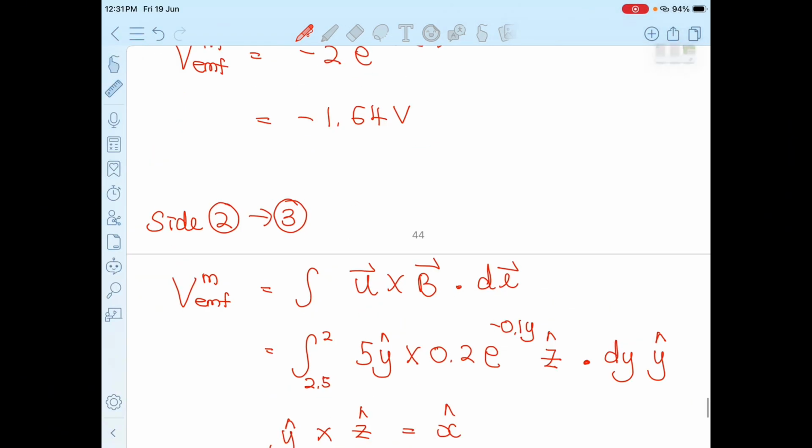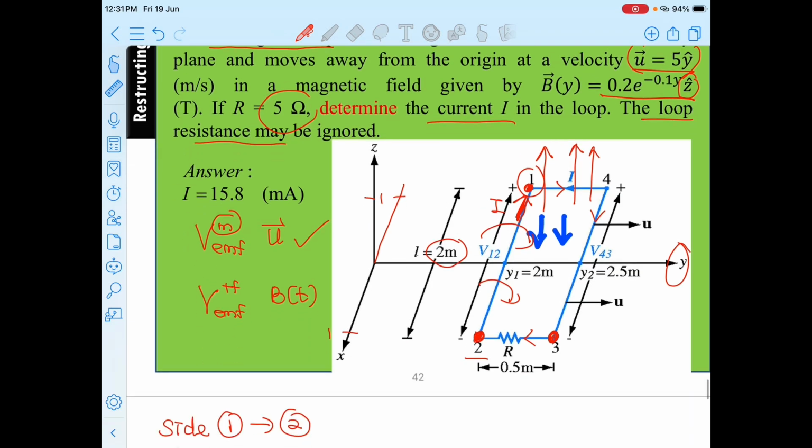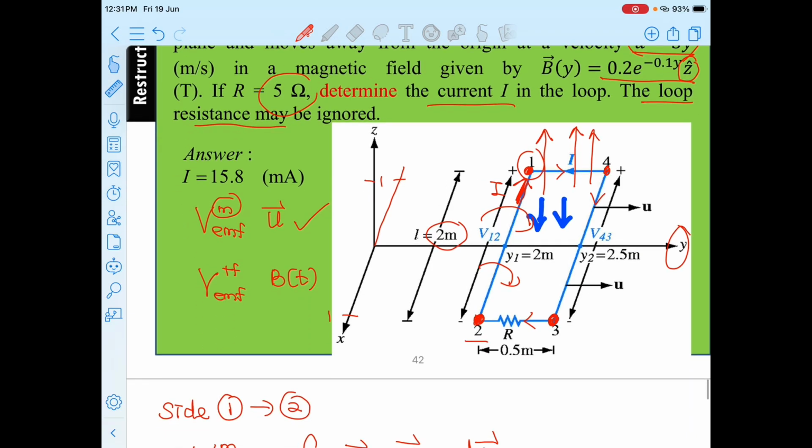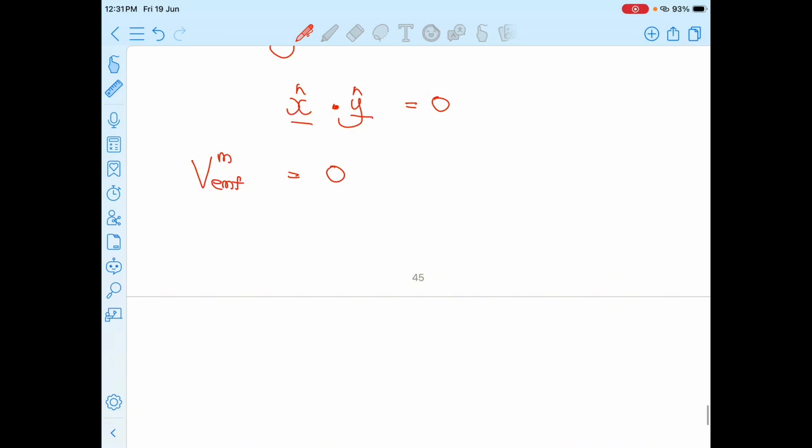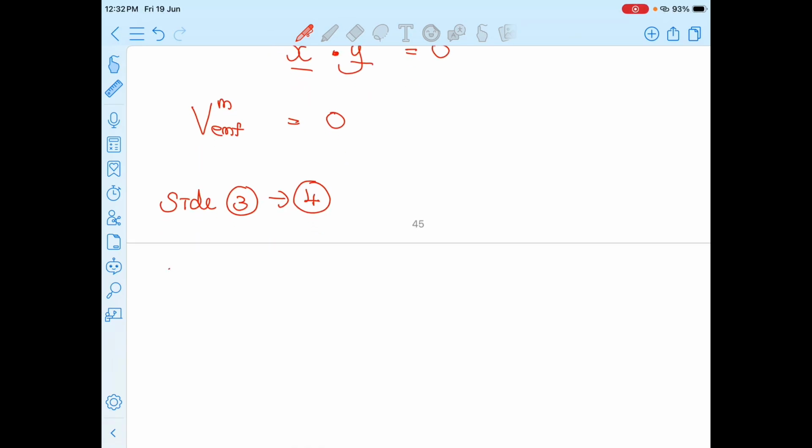Next, we look at side 3 to 4. We do the same thing as for side 1 to 2. The motional EMF is the integral of U cross B dot dL.